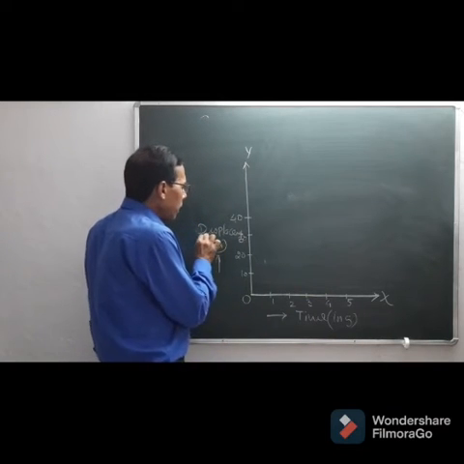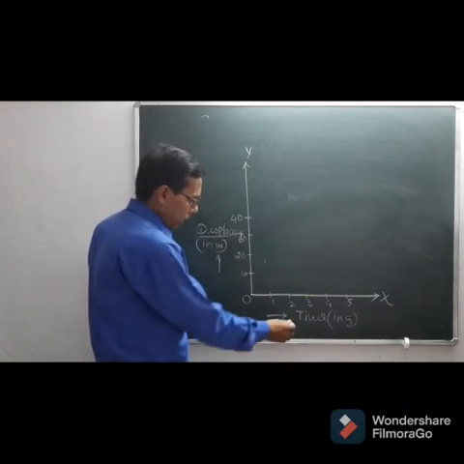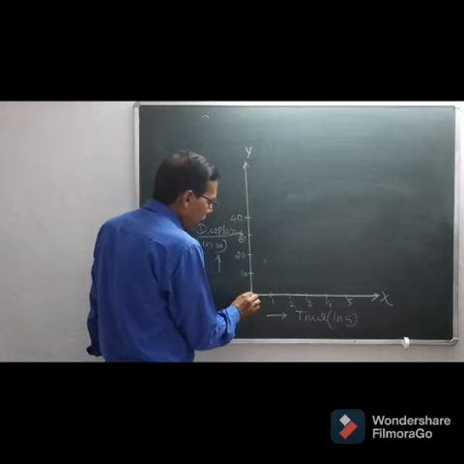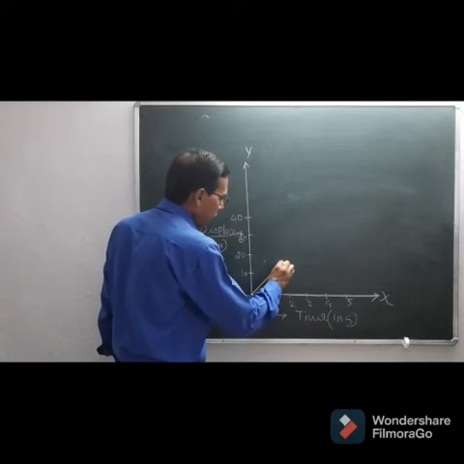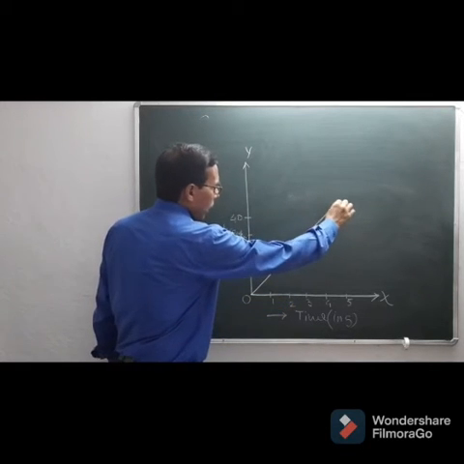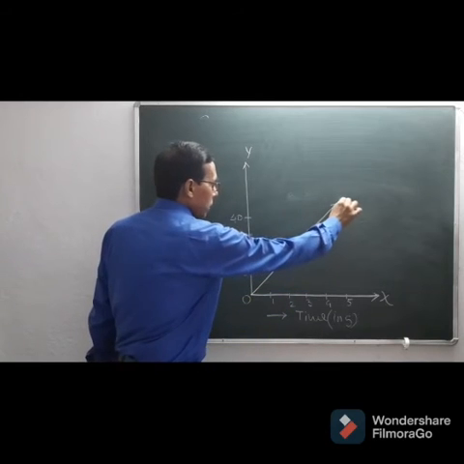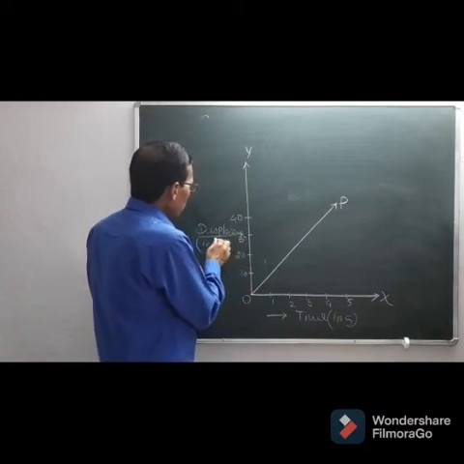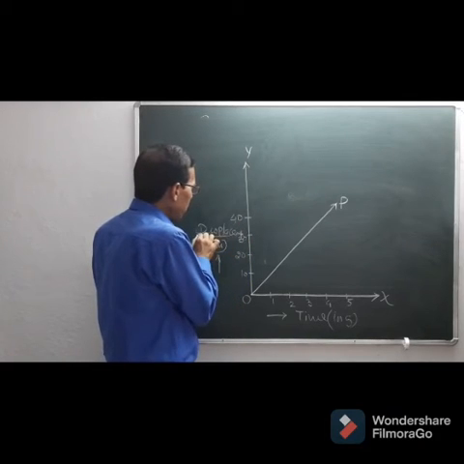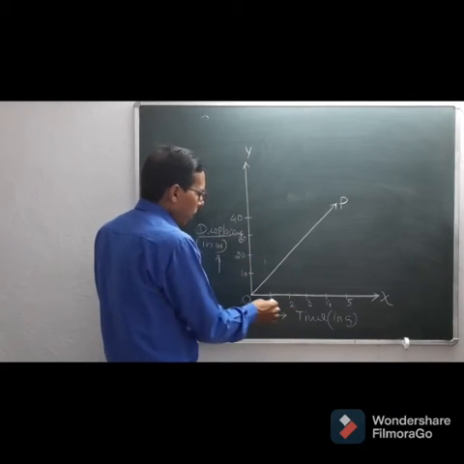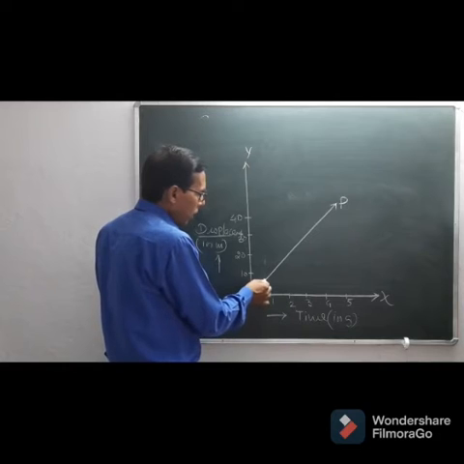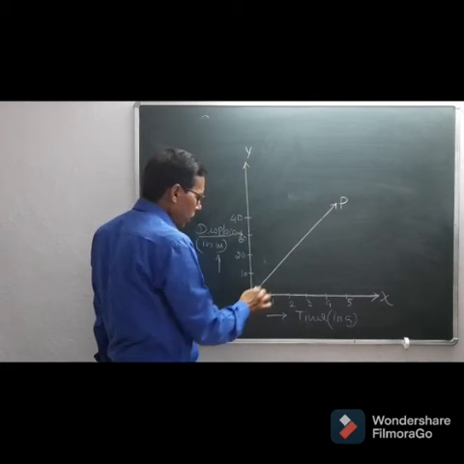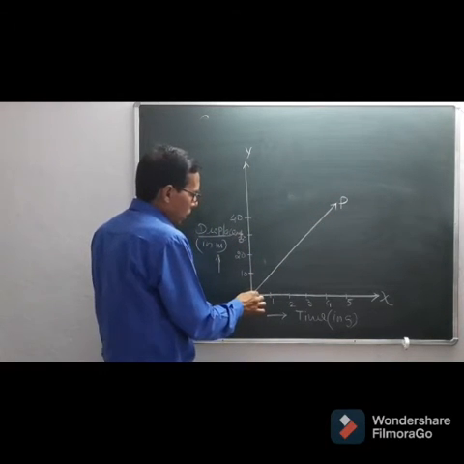Now if you plot a graph between displacement and time, we obtain a straight line which is inclined with the x-axis or time axis and is passing through the origin.